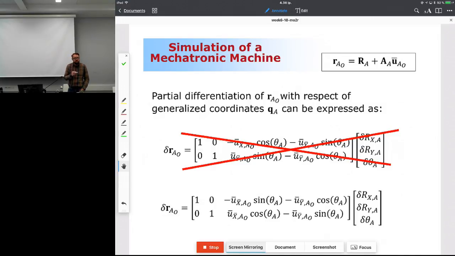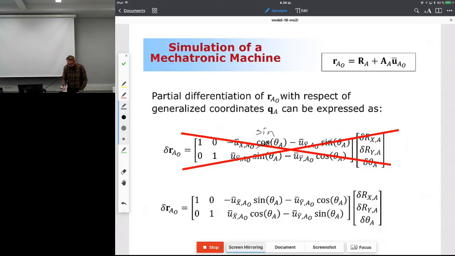Now, one of you sent me an email that there was a typing mistake two weeks back, and the typing mistake was, actually, last week. It was related to this mapping matrix. If you look at how it was written in its original form, it was full of mistakes. This component should of course be sine.